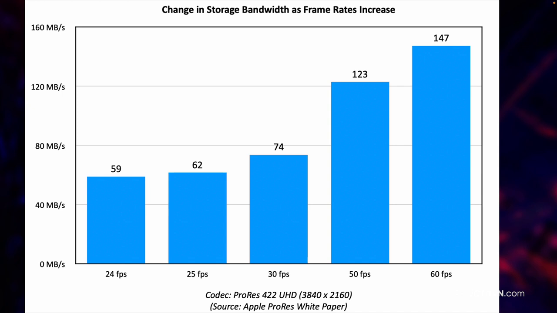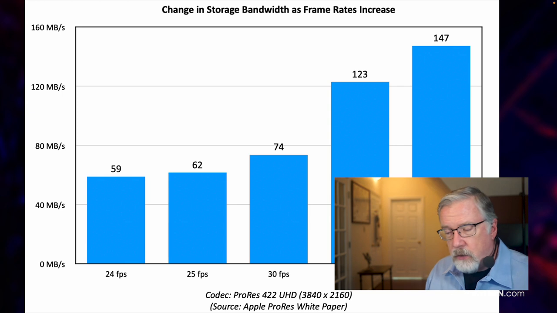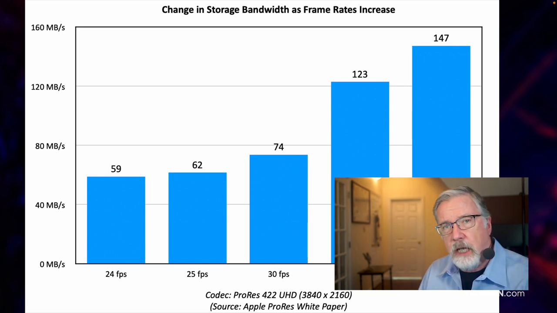Also, the faster the frame rate, the faster your storage must be. 60 megabytes a second for 24 or 25 frames a second, 75 for 30, 120 for 50, and 147 for 60 frames a second. So it may seem simple. I'm going to go from editing 24 frame 1080 to 60 frame a second 4K.